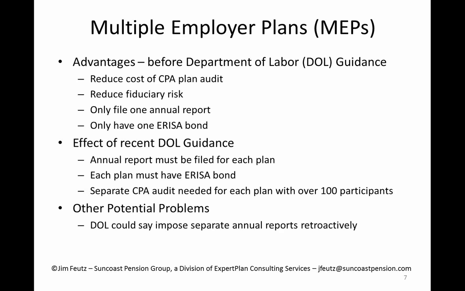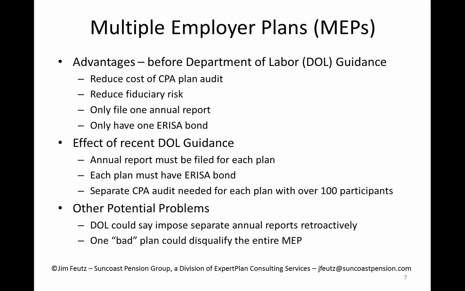In addition, there's one problem from an IRS standpoint, which is that if there's even one employer out of that whole 150 that have adopted the open MEP that messes up and does something that would disqualify the plan, like maybe not making a safe harbor contribution when they're supposed to, or not making a top-heavy minimum contribution when they're supposed to, or a whole host of other things, under the current law, that could disqualify the entire MEP, which would cause havoc on the tax deductions that have already been taken.